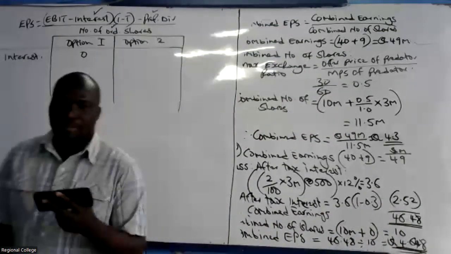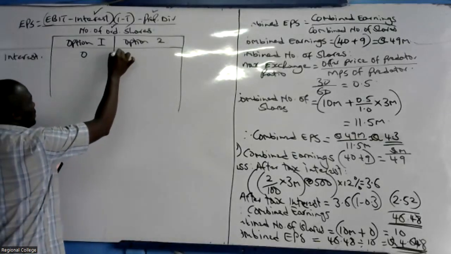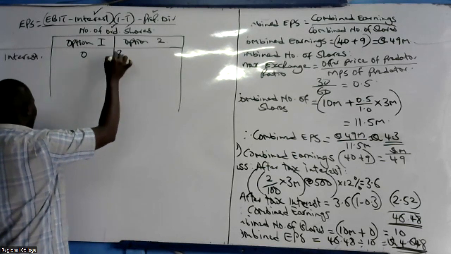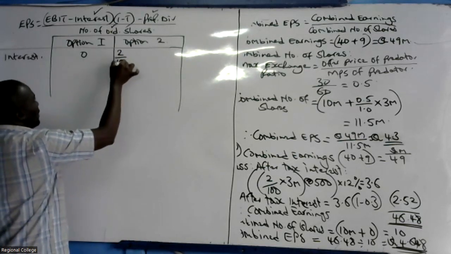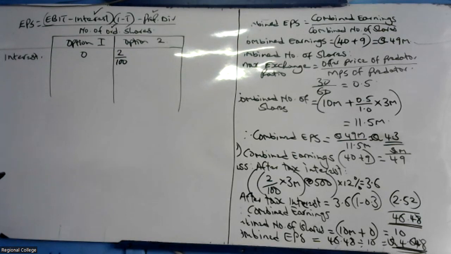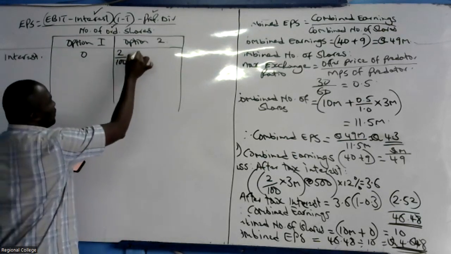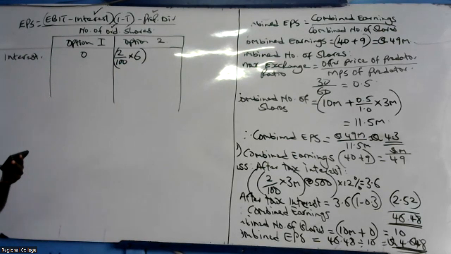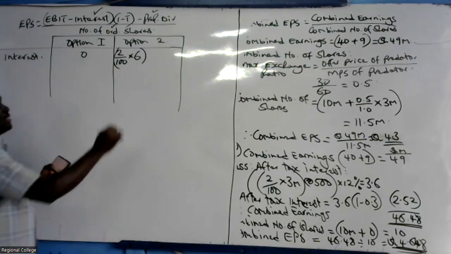How many debentures? 2 debentures for every 100 shares, out of how many shares does Query have? Out of 6 million.